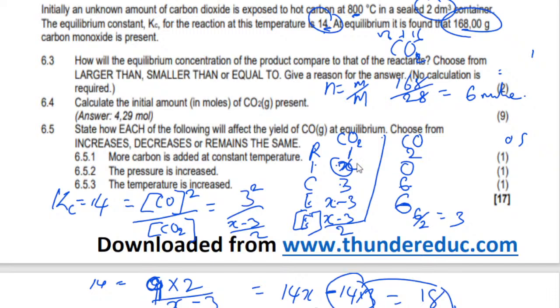So now when I subtract this 3 from this, I remain with what I remain with at equilibrium. That's why I said x minus 3. I hope you understand where I got the x from.